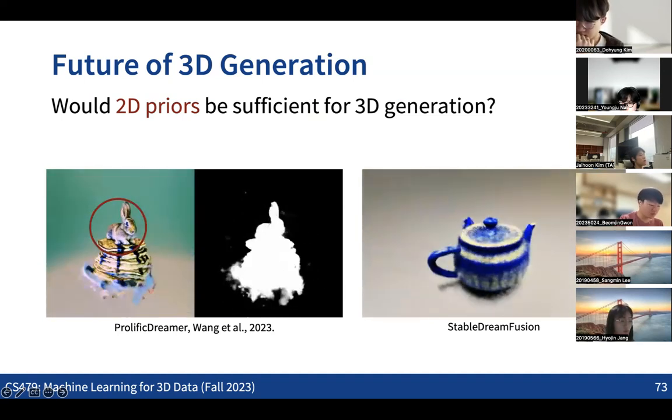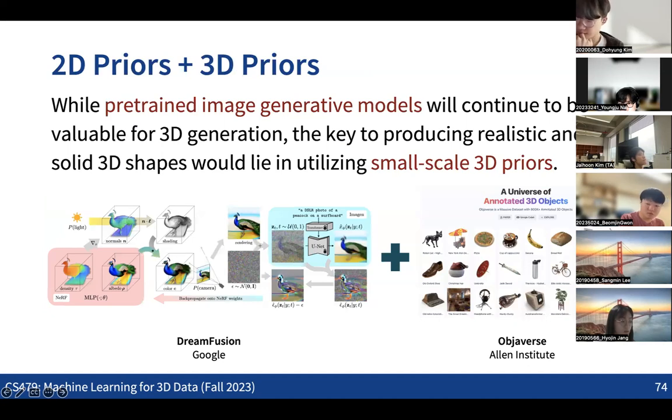To resolve these issues, we might need to incorporate not only the 2D priors, but also 3D priors, giving prior information for these 3D models as well. The thing is that we have more than 5 billion images as an internet-scale image dataset.